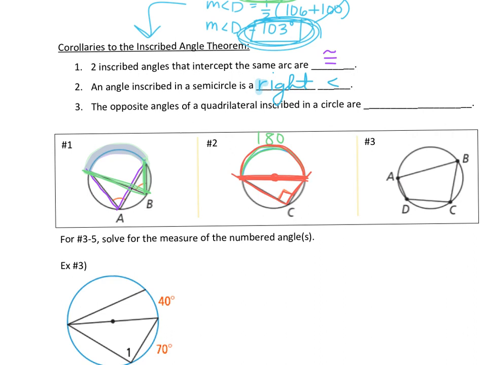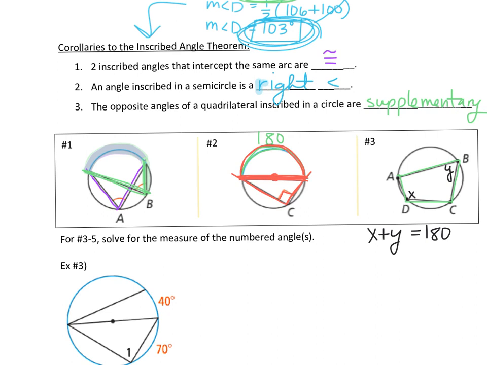Okay, and then last one, number 3, it says the opposite angles of a quadrilateral inscribed in a circle are, and this is what I just showed you, they're supplementary. Okay, meaning if I have a quadrilateral here, which I do, my opposite angles, so if I said x and y, I know that x plus y is going to equal 180 every time if it's a quadrilateral inside of a circle.